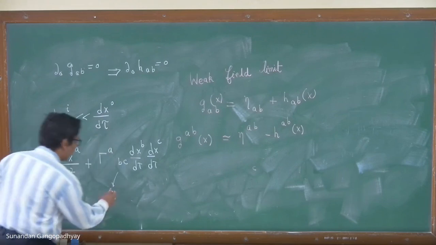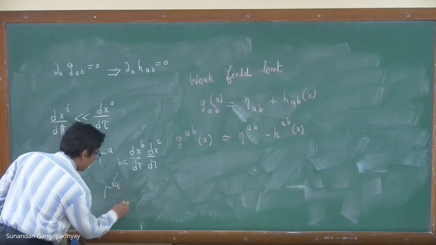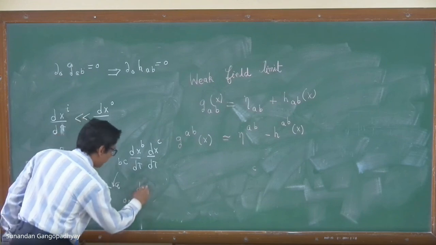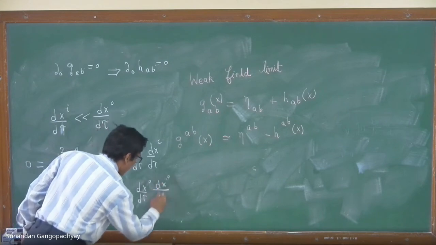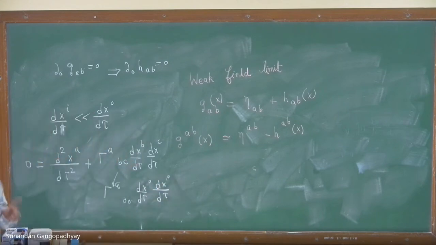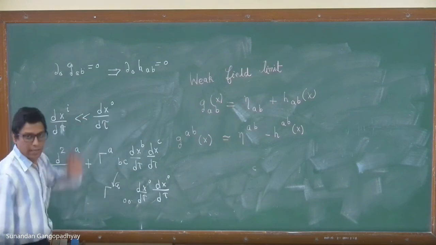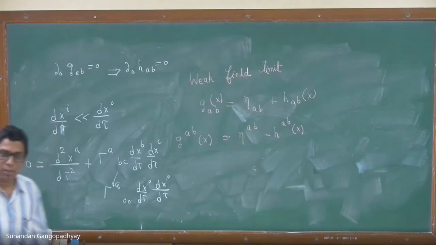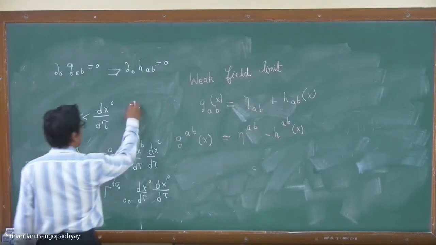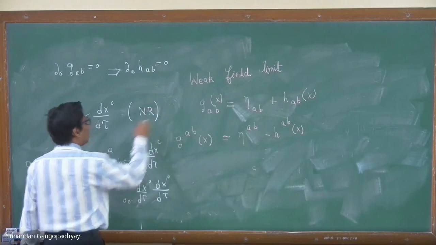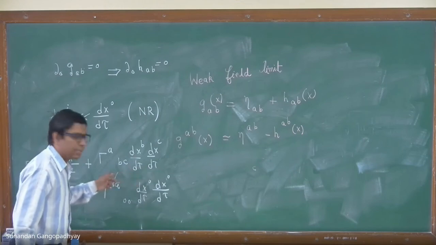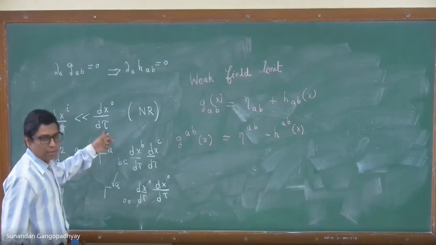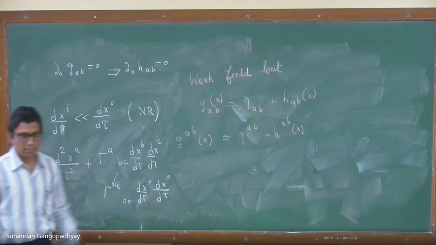So you can basically write this as approximately gamma^A_00. So we have imposed the first approximation that the particle velocity is much smaller than the speed of light. That is the non-relativistic limit. If you impose it, just expand this, only the time components survive.